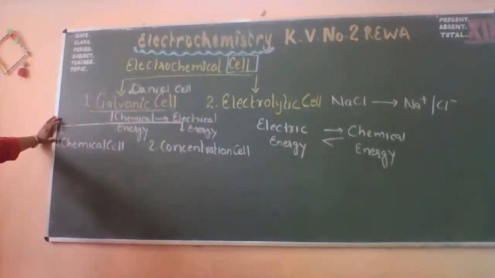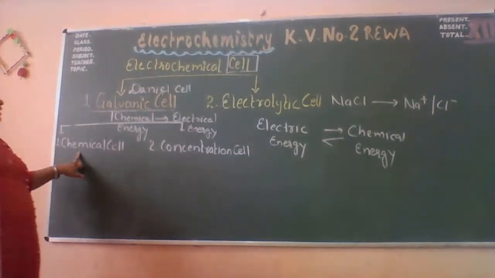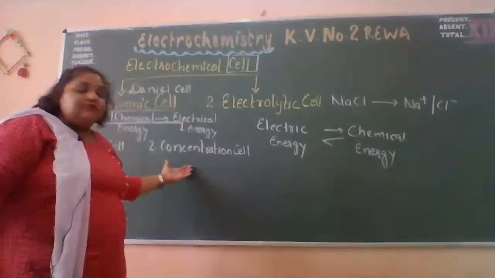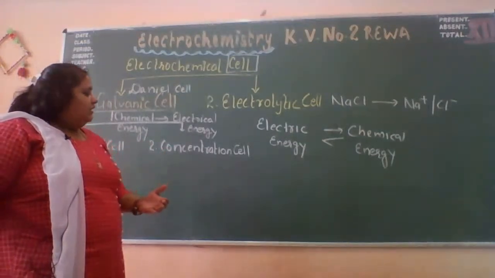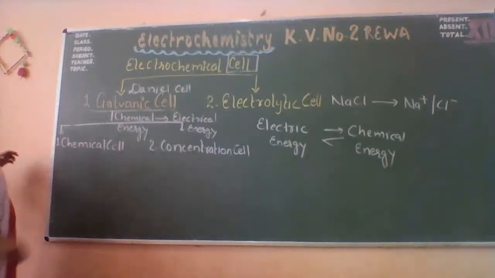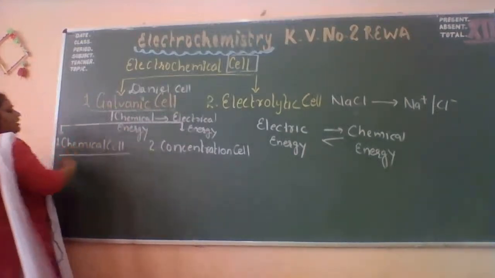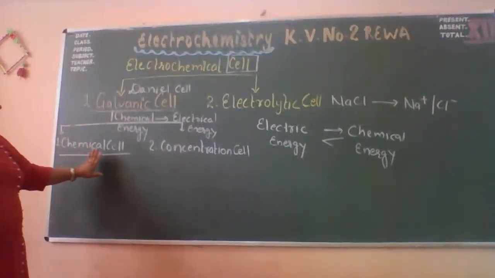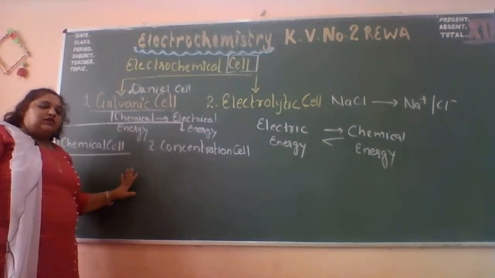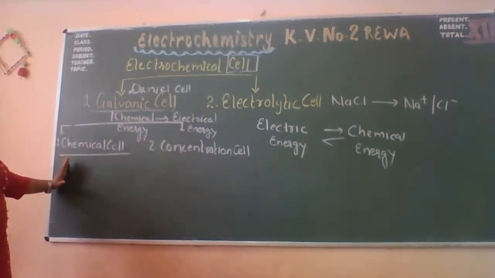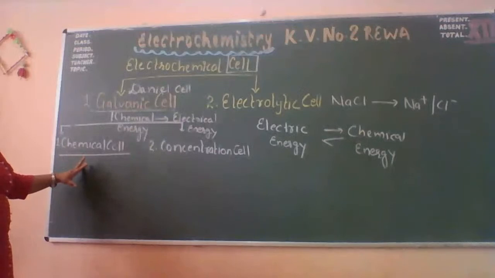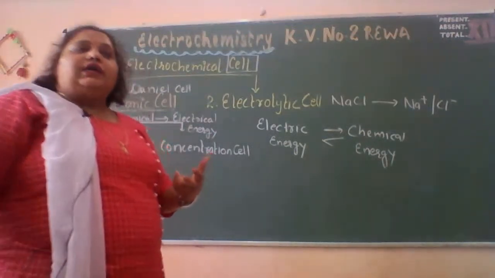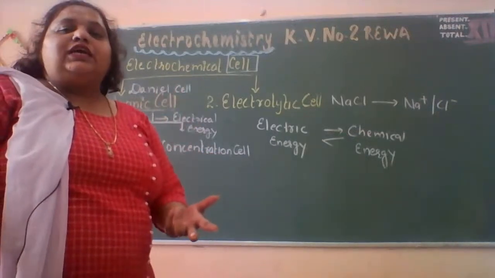If I come to the galvanic cell, there are two types of cells again: the chemical cell and the concentration cell. In the chemical cell, only a chemical change takes place. By the chemical reaction, electric current is produced. In this reaction, one species undergoes oxidation and the other undergoes reduction.